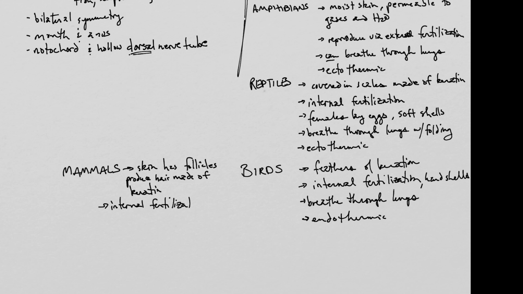Don't call me out on the platypus here. That's a weird one. And females have mammary glands to nurse their young. And yes, that includes things like whales. And we are endothermic.